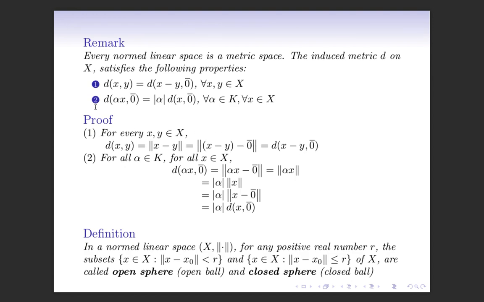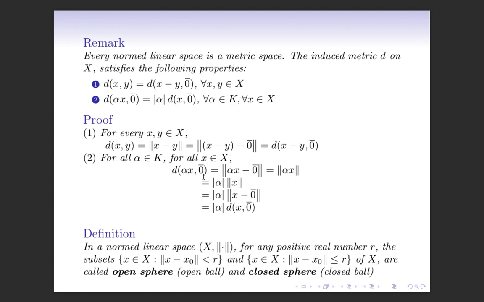Second property is D of alpha X comma 0 vector is equal to mod of alpha into D of X comma 0 vector for every alpha in K and for every X in capital X. Let us prove this result.